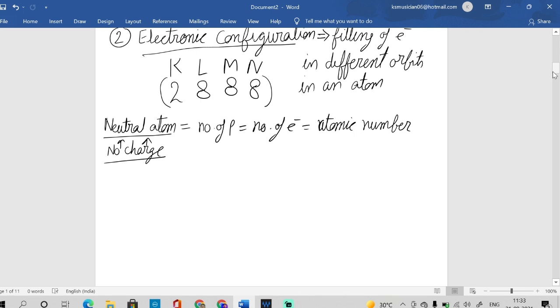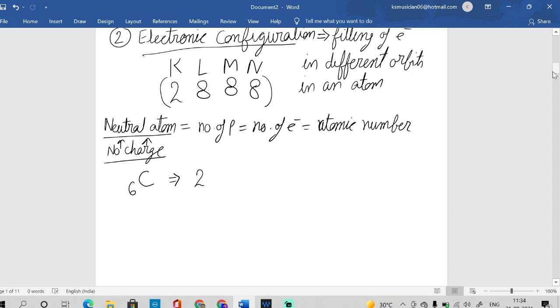Now take carbon, and its atomic number is 6. If we write the electronic configuration of carbon, in the very first K shell the maximum number of electrons that can enter is 2. So we have filled 2 electrons in the first shell.